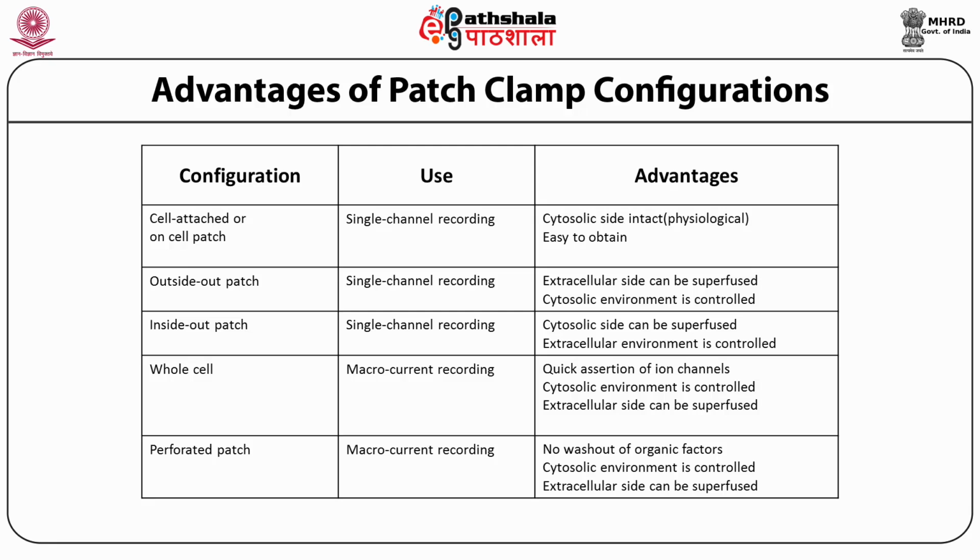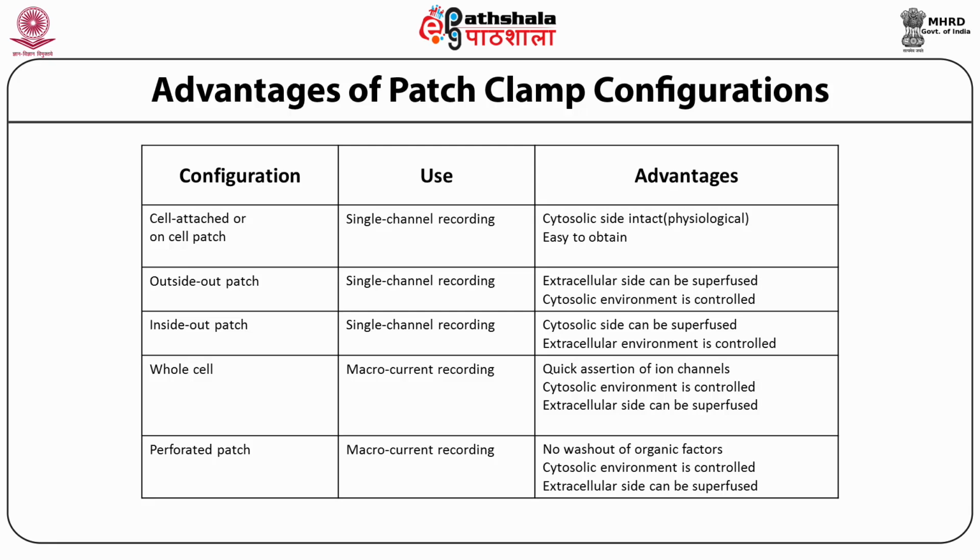This can also be done in single channel recording. In this type of recording, the extracellular side can be perfused and the cytosolic environment is controlled. The third one is inside out patch. In this, single channel recording can be performed, the cytosolic side can be superfused, and the extracellular environment is controlled.